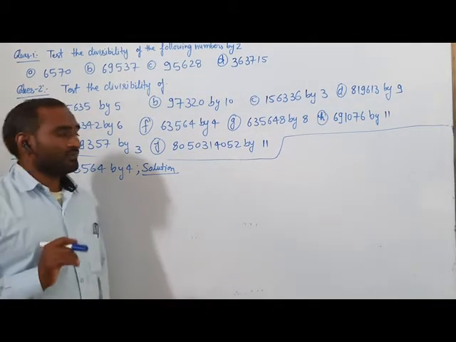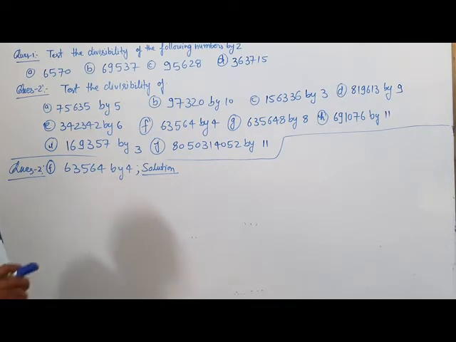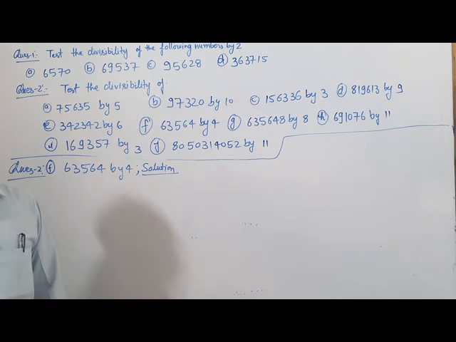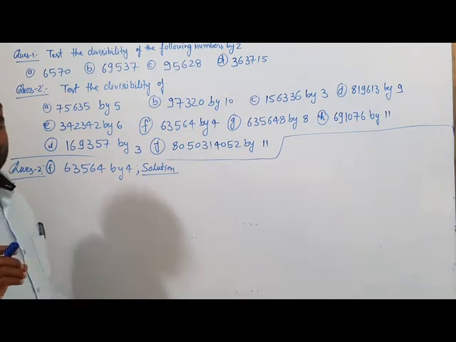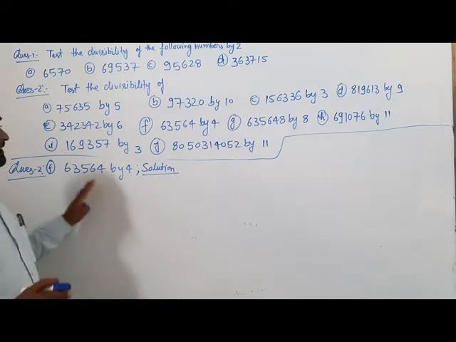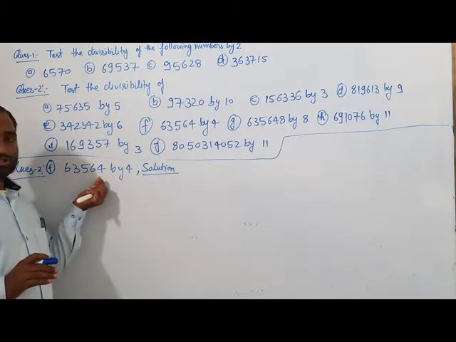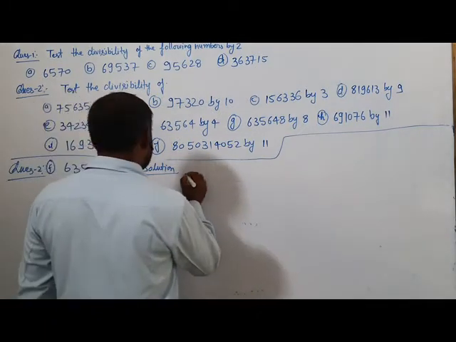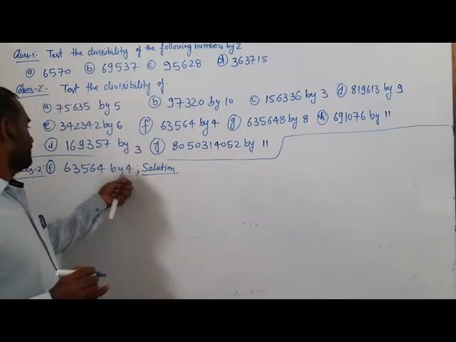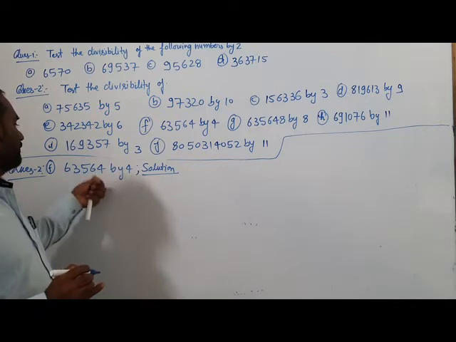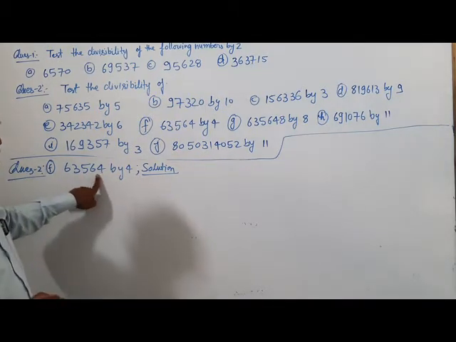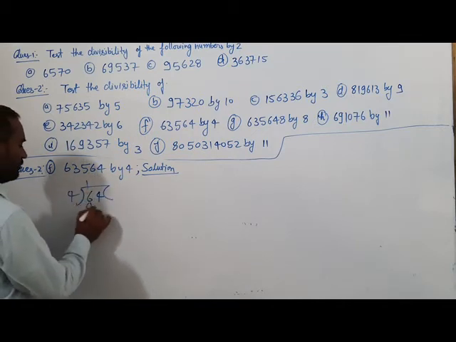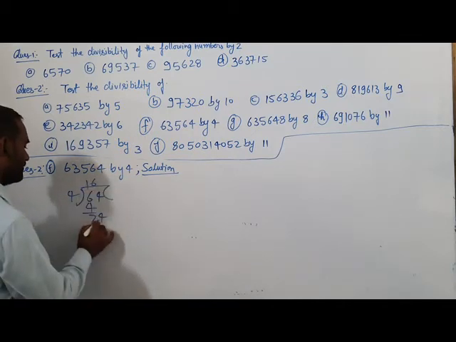Divisibility of 4: if the tens place and unit place of any number is divisible by 4, then the number is also divisible by 4. Here the last 2 digits are 64.